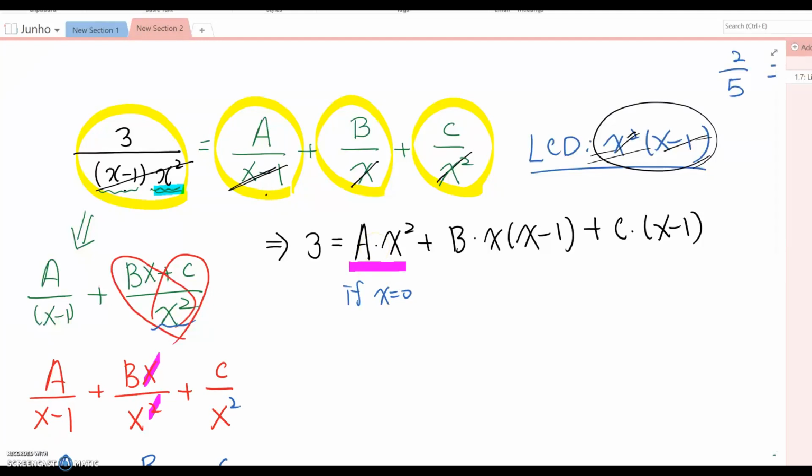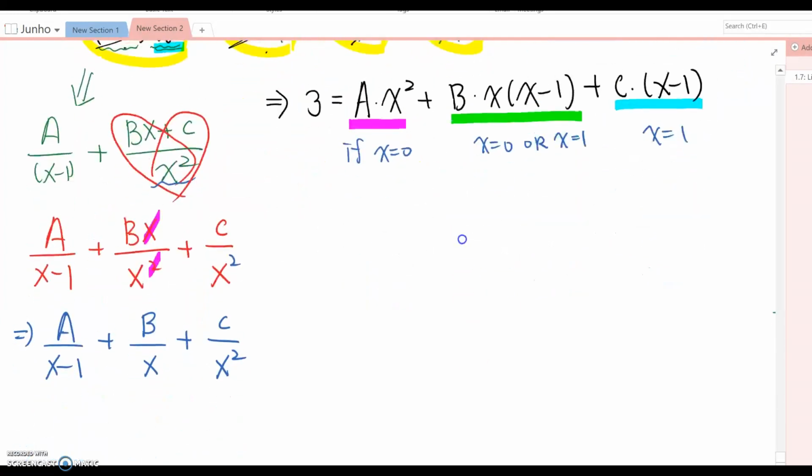Now for this term, when x equals 0 or x equals 1, it becomes 0. Now the last term, if x equals 1, it will be 0. So for all three terms, using either 0 or 1, we can actually find some values easily.